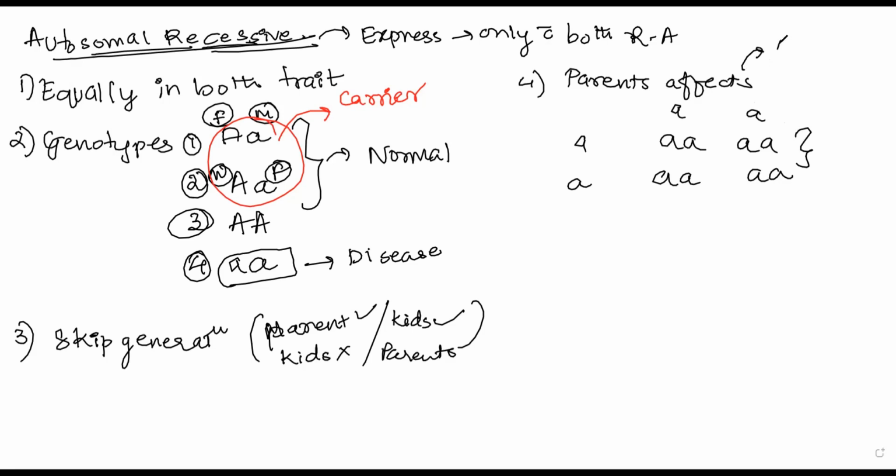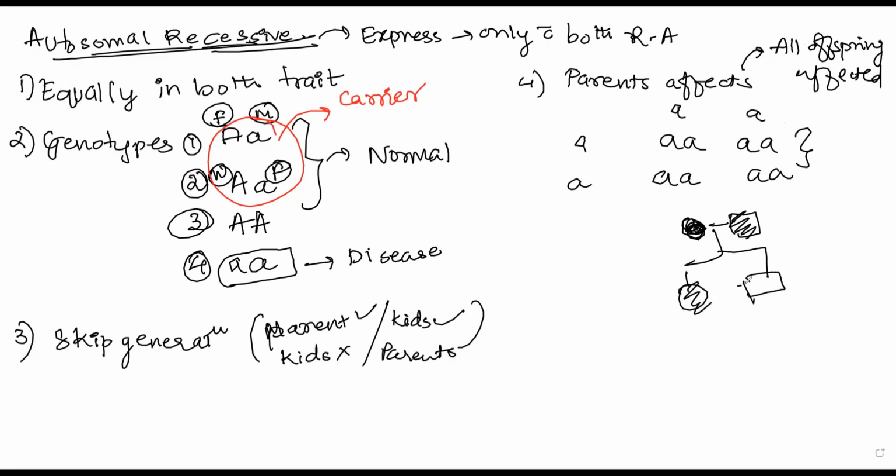So, if parents are affected, all offspring should be affected. So, if you ever have a pedigree like this, where both the parents are affected and you see that the children are affected, this is definitely an example of an autosomal recessive trait. Okay, so these are important things that you have to remember.